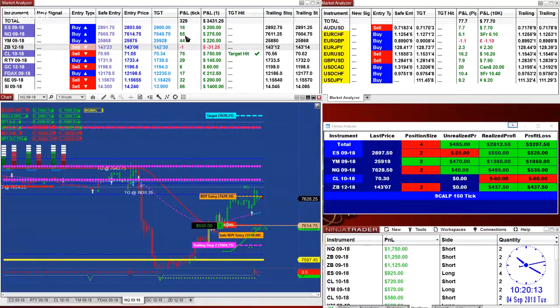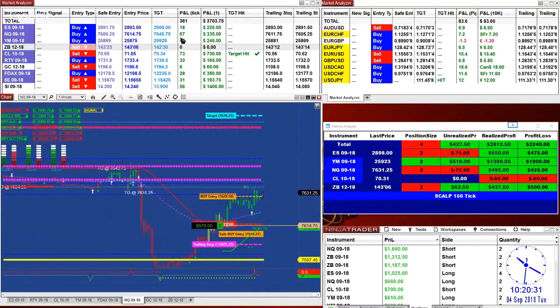Most days, not every day, the NASDAQ is a cheap market, and it's not unusual to nail 60, 70 ticks a day average on the NASDAQ based on one entry, one target, 67, 70, 80 ticks minimum a day.